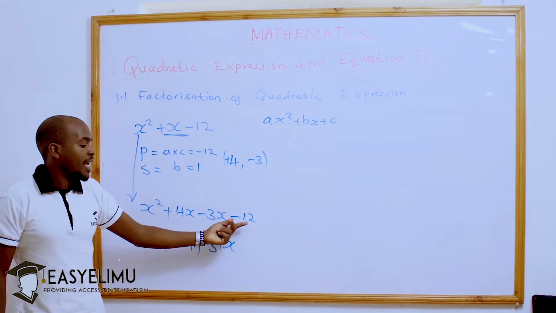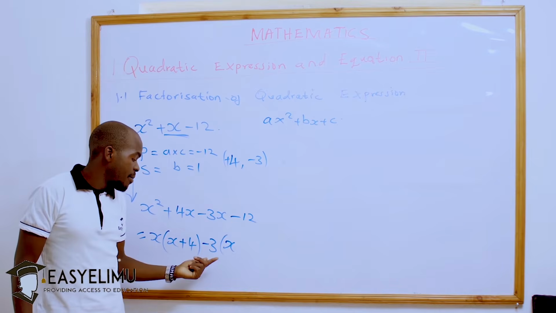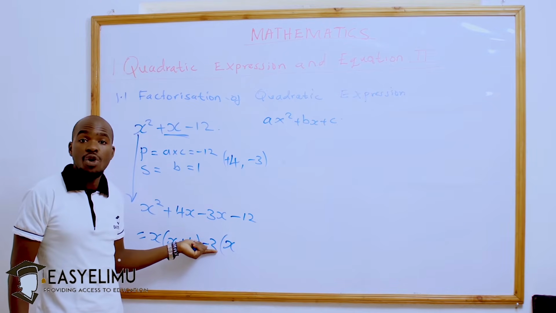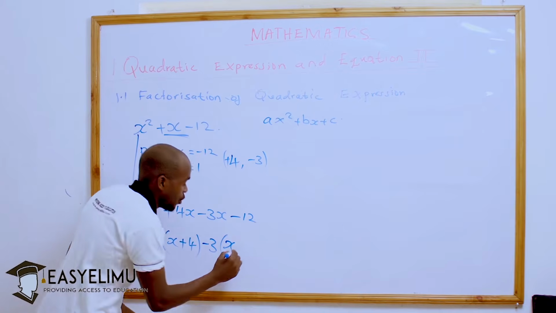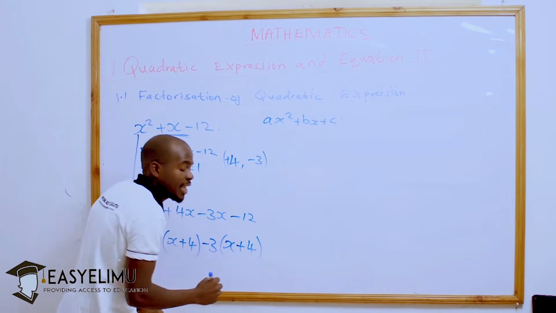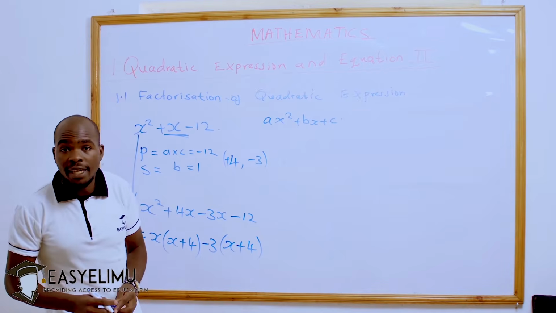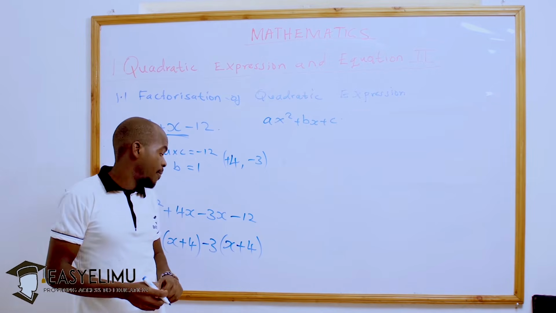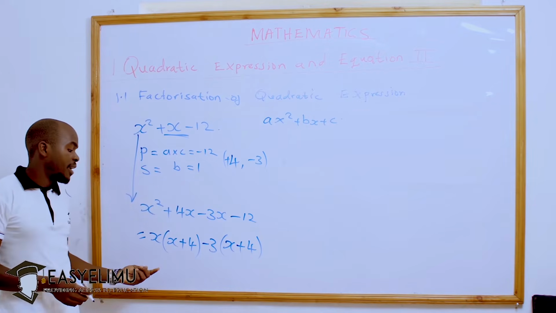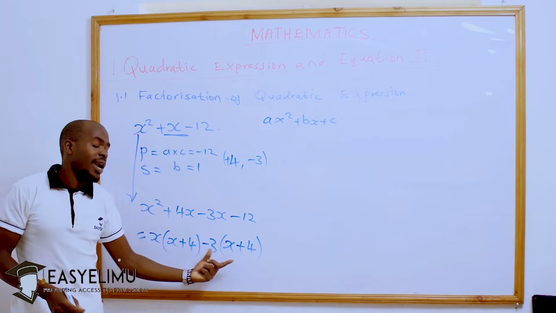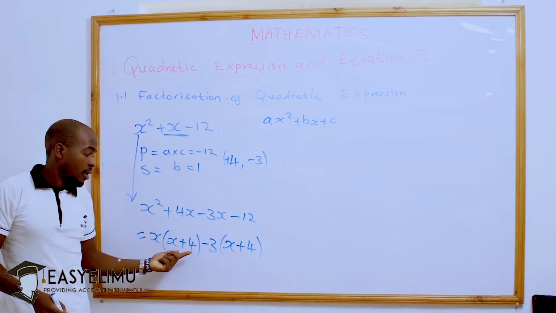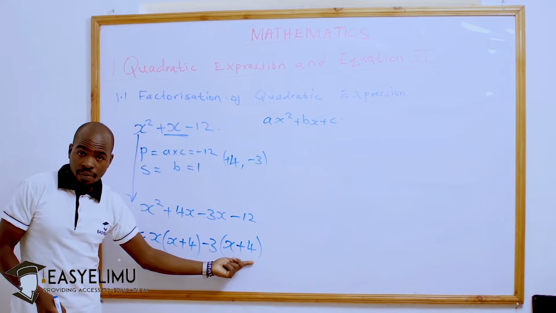Then, if you take negative 12 divided by negative 3, you are going to get positive 4, because if you divide a negative by a negative, you get a positive answer. And here we can identify that the factors which are in the brackets are the same.